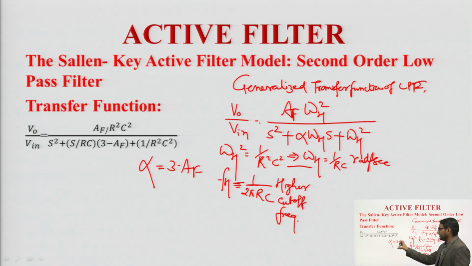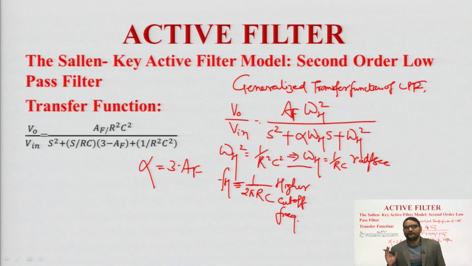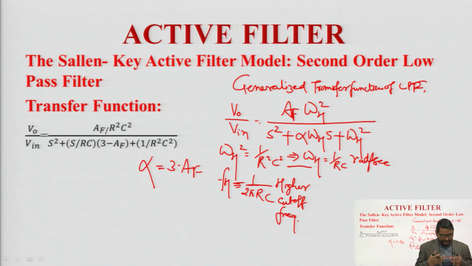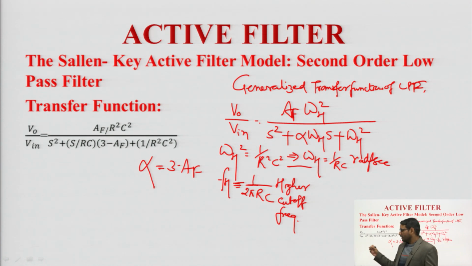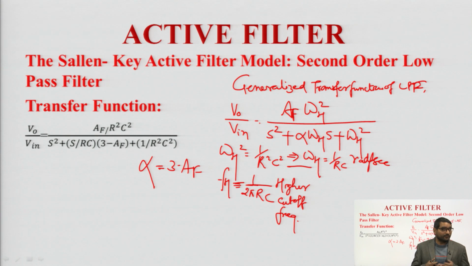The alpha value decides the filter type: the filter topology is a Butterworth filter, a Chebyshev filter, or a Bessel filter. For example, if alpha is root 2, approximately 1.41, the filter is a Butterworth filter.